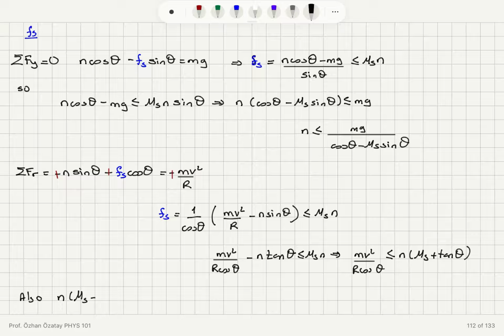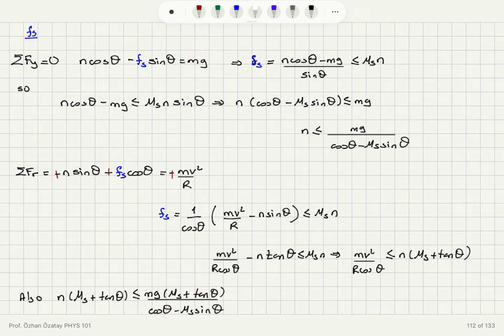So n times (mu s plus tangent theta) is less or equal to mg times (mu s plus tangent theta) divided by (cosine theta minus mu s sine theta). And putting this inequality and this inequality together, mv square over r cosine theta is less than this, but it's also this is less than this.